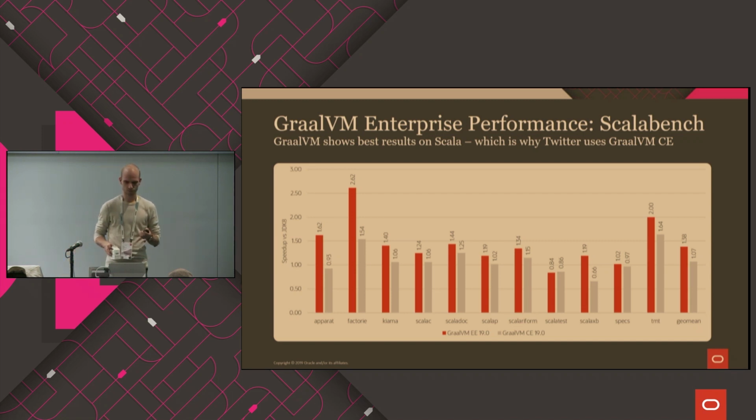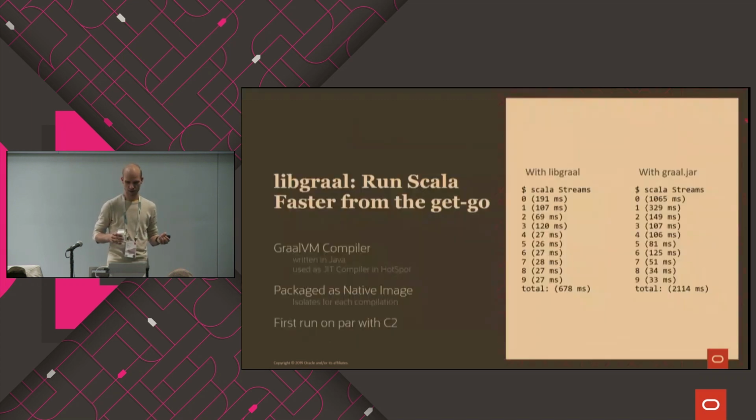Now, the Graal compiler being written in Java, if you tried it maybe a couple of years back, you may have noticed slower warm-up times compared to the C2 compiler, because the Graal compiler itself, being written in Java, first had to warm up itself, and then it could warm up your application.